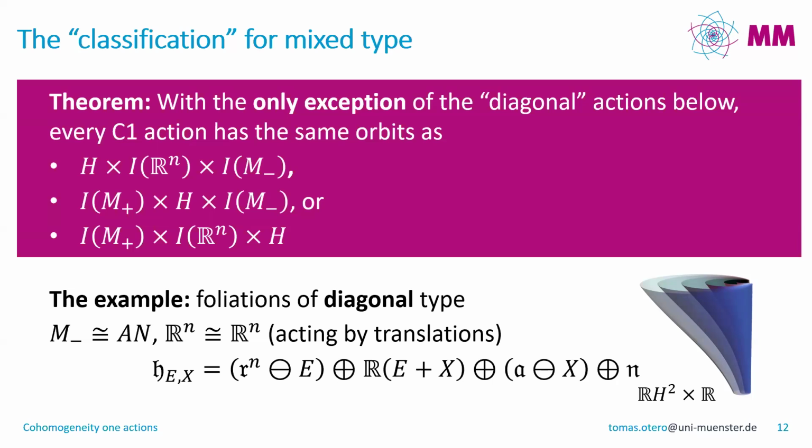So you cannot get diagonal things. This seems to be purely topological, or not purely topological, because you need Cartan's fixed point theorem, but somehow a fight between the topology of the compact factor and the non-positive curvature.